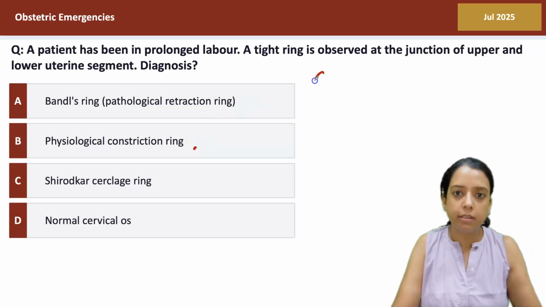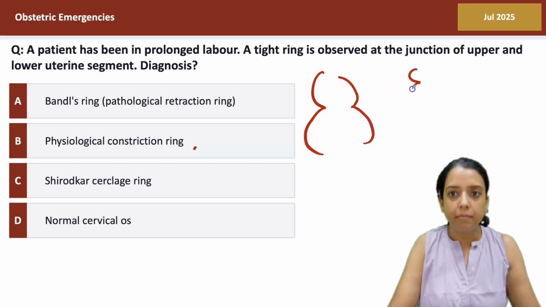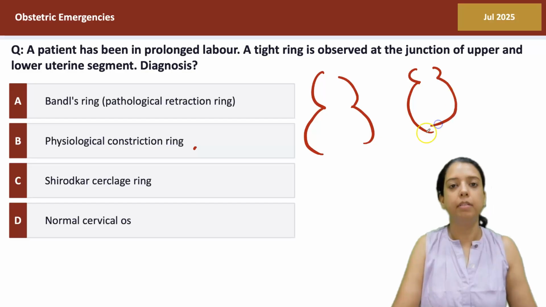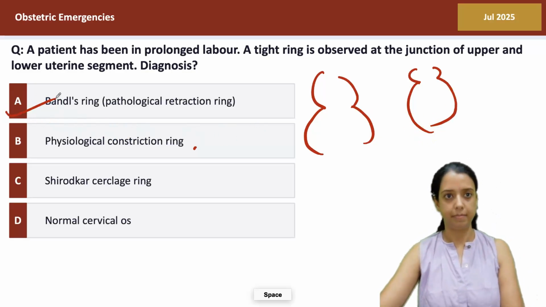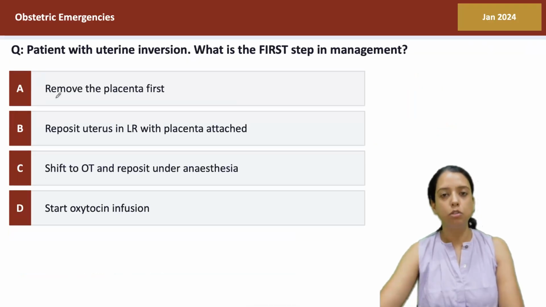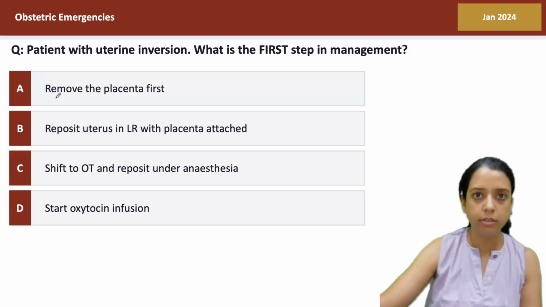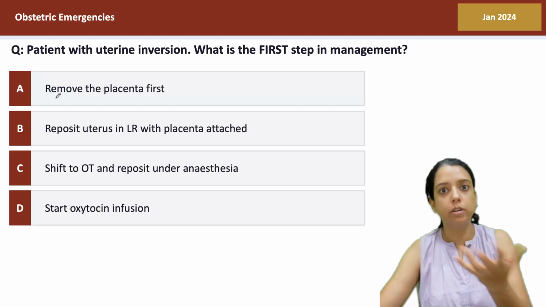It is happening because the upper part is getting shorter and the lower part is getting dilated. It is obstructed, and with time this ring moves up. That is Bandl's ring. What do you do in Bandl's ring? You stop augmentation, stop oxytocin, hydrate the patient, take her for cesarean. Otherwise, the uterus will rupture.